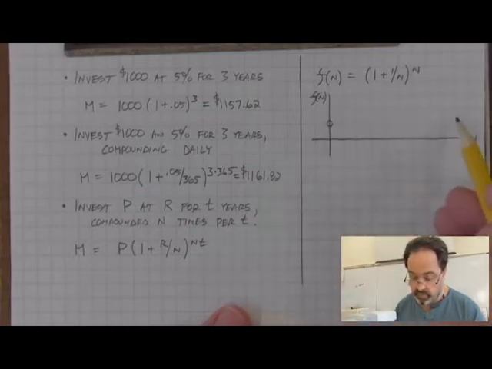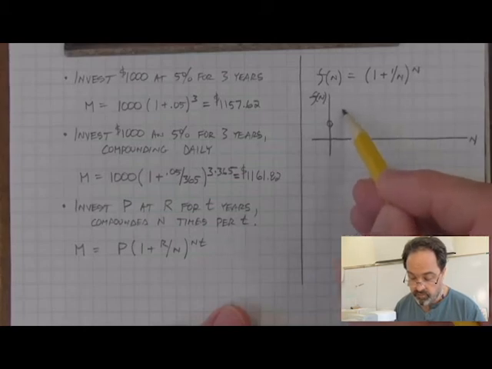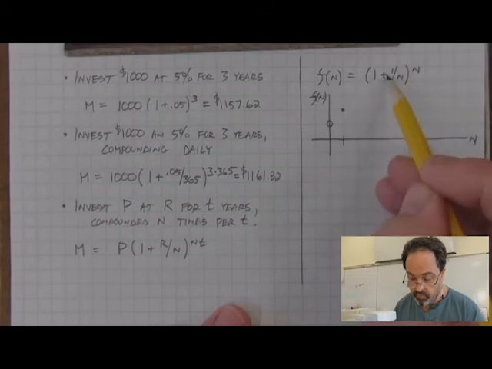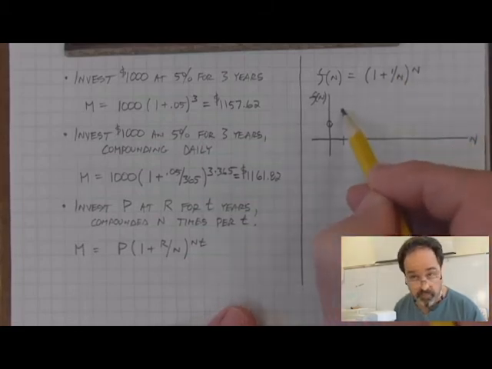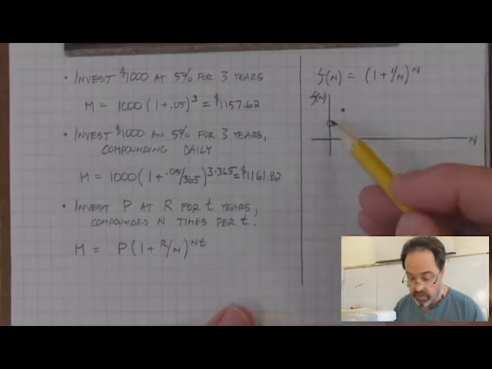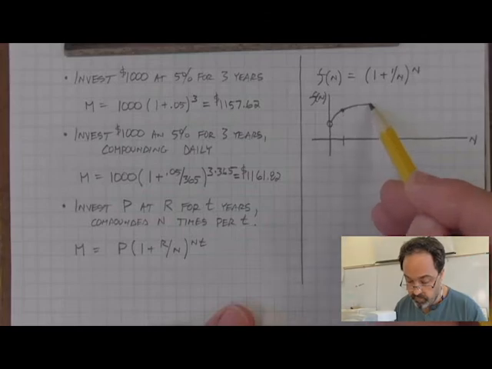But as soon as n increases, we'll get values in this function. When n's value is 1, we have 1 plus 1 over 1, which is 2, and then to the 1 makes a function value of 2. We can draw the values of the function and graph it to look approximately like this.